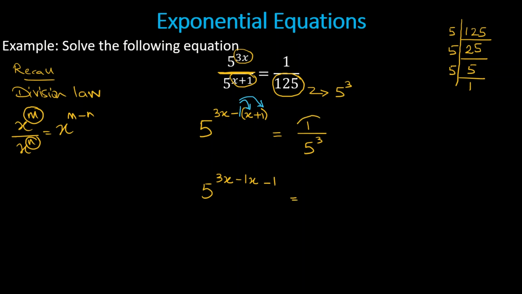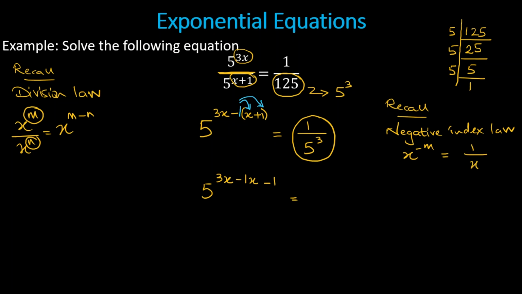and this is equal to, now this is a fraction, you have negative index law. x to the power of negative m can be written as 1 over x to the power of m, right?